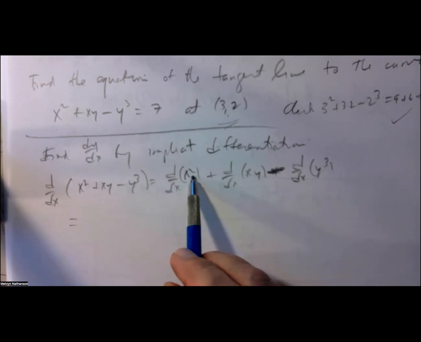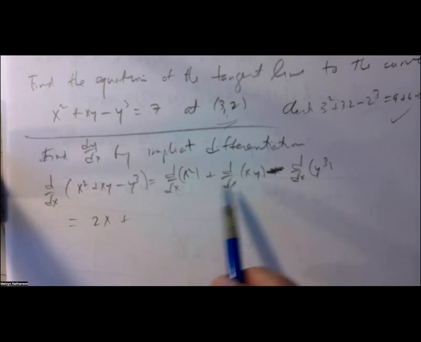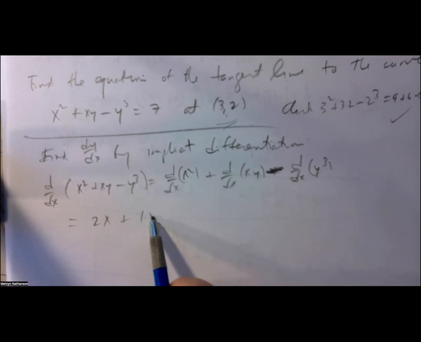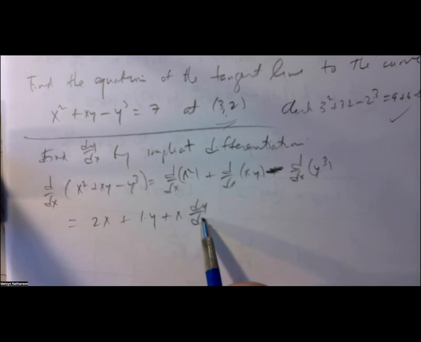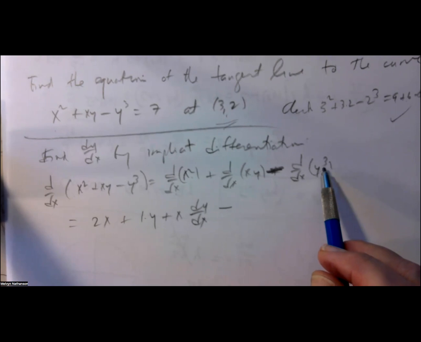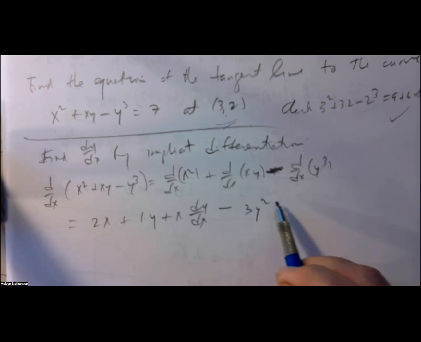The derivative of x squared with respect to x is 2x. By the product rule, the derivative of xy with respect to x is the derivative of x, which is 1, times y, plus x times dy dx, minus the derivative of y cubed with respect to x. By the power rule, this is 3y squared dy dx.